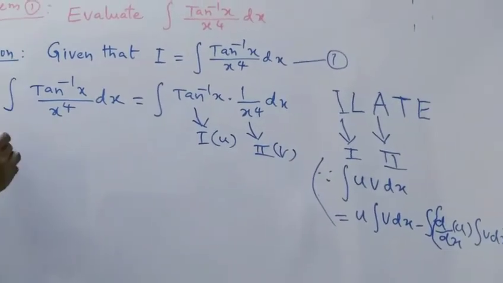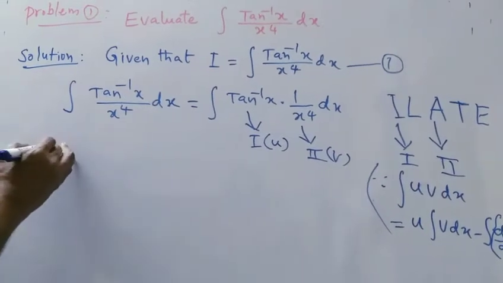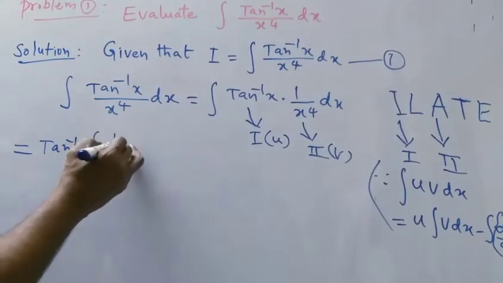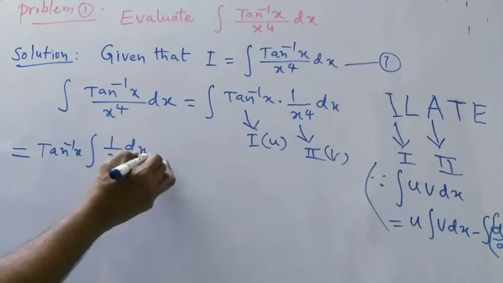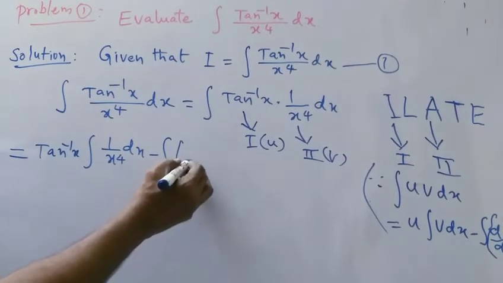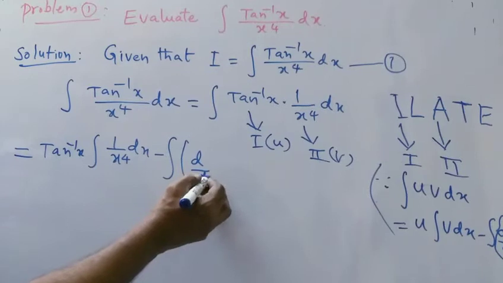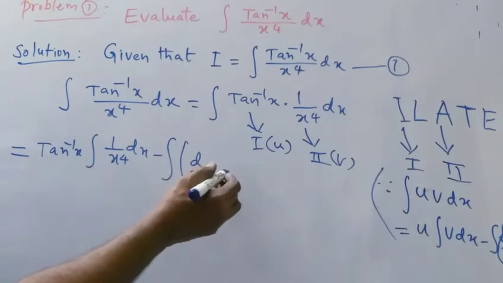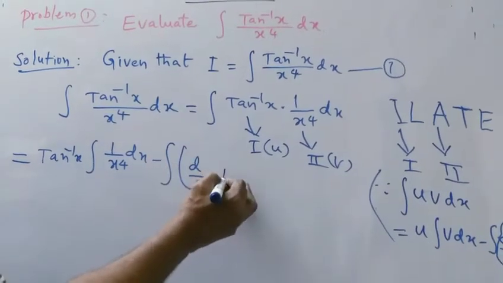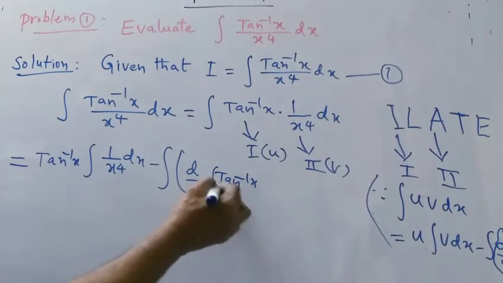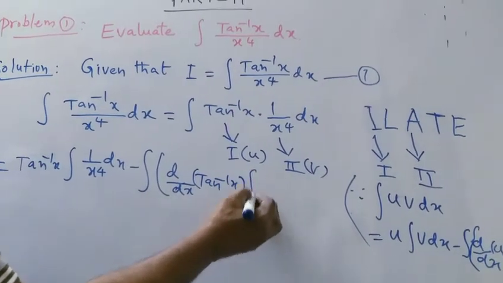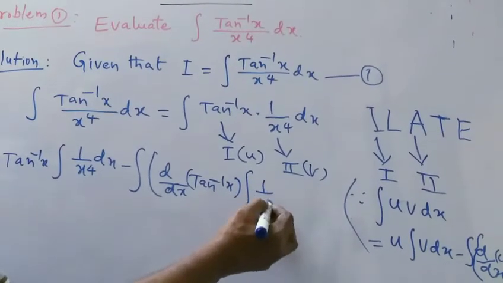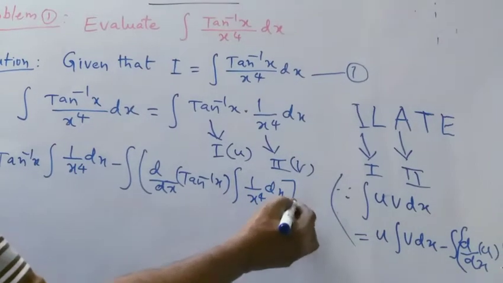So tan inverse x integral of 1 by x to the power of 4 dx, minus integral of differential with respect to x of the first function, that is tan inverse x, into integral of the second function, that is 1 by x to the power of 4 dx, whole dx.